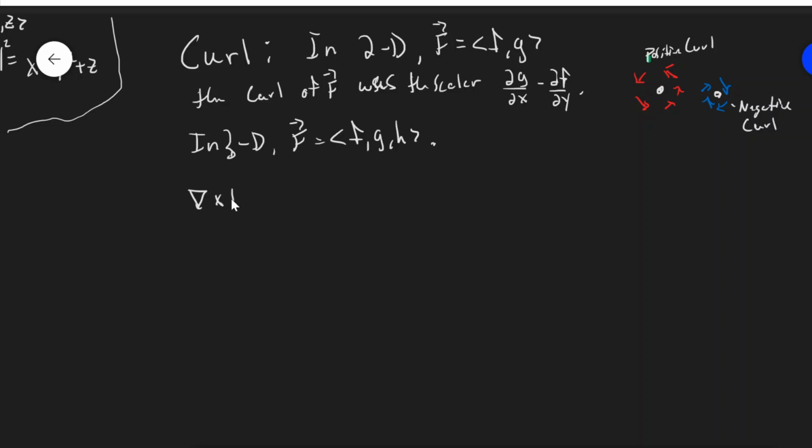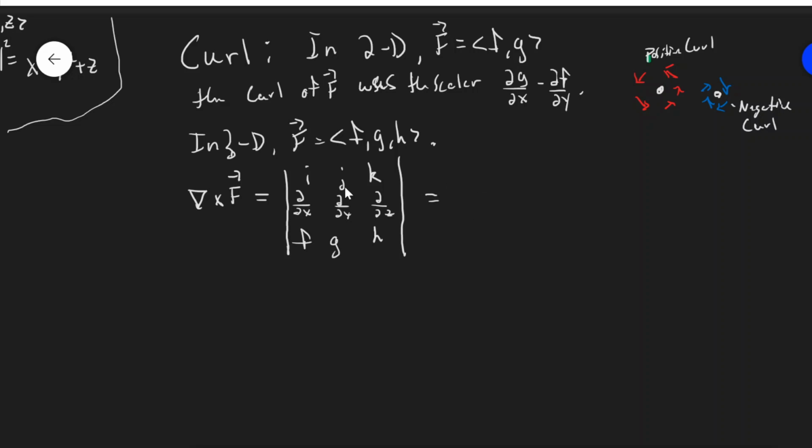Del cross F. We can compute this cross product in the usual way, using the determinant of a matrix, I, J, K. The del operator looks like partial with respect to X, partial with respect to Y, partial with respect to Z. And then down here I have my vector field F, G, and H. Let me write that in line with it so it actually looks like a matrix.